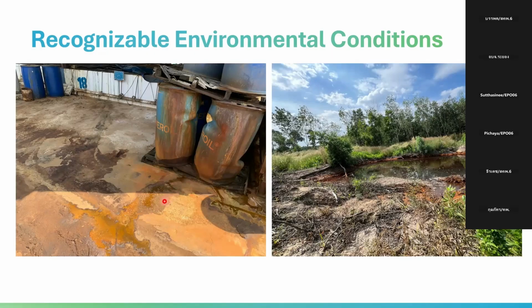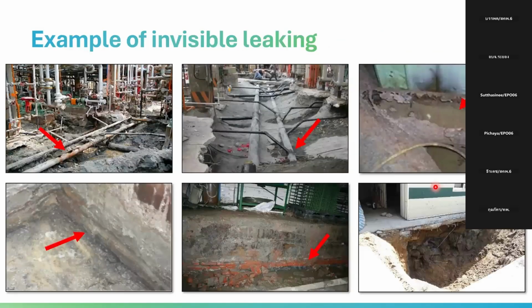One of the potential sampling points could be located here, and you can look at your surroundings and see the depth of the plants, and you can get close to the water. This could be one of the sources, or one of the impact areas of the contamination. And sometimes the invisible leaking is from underground.